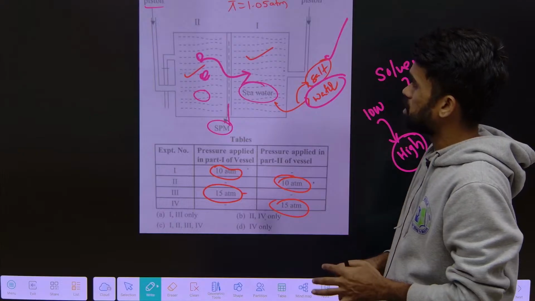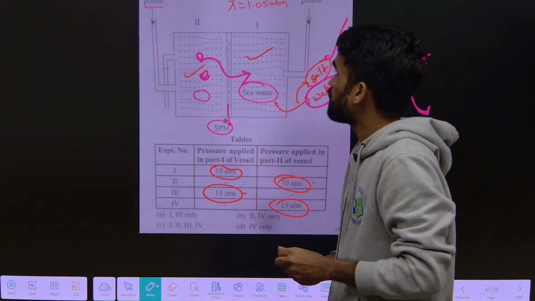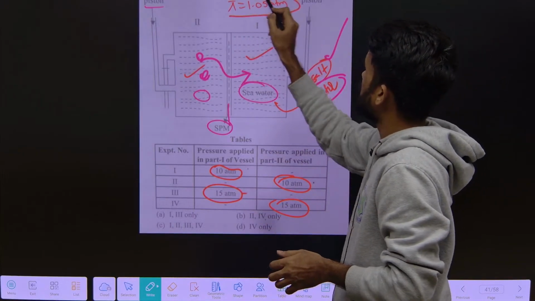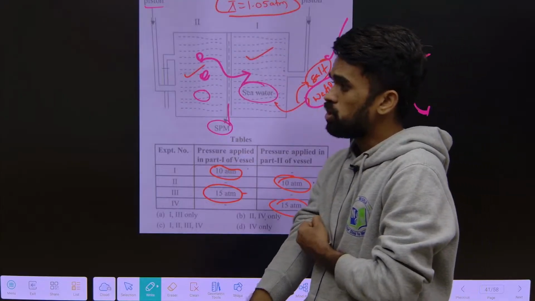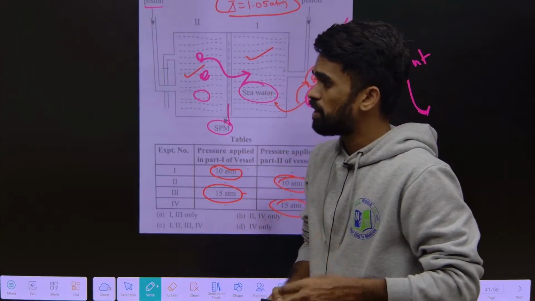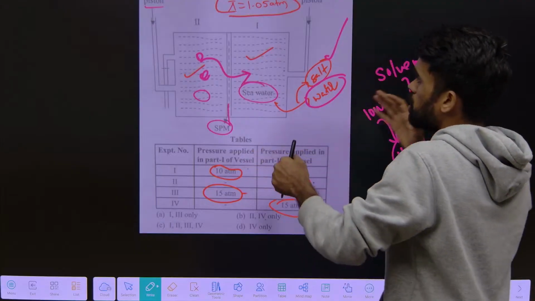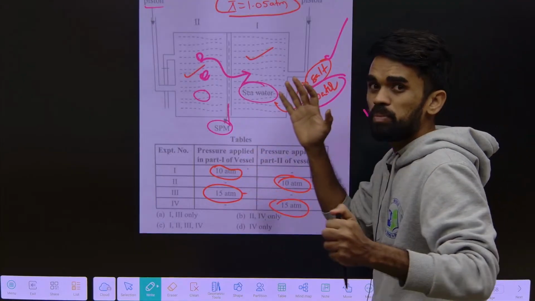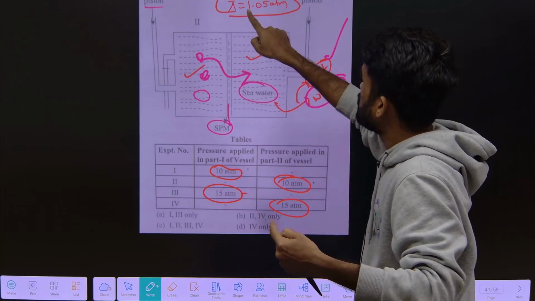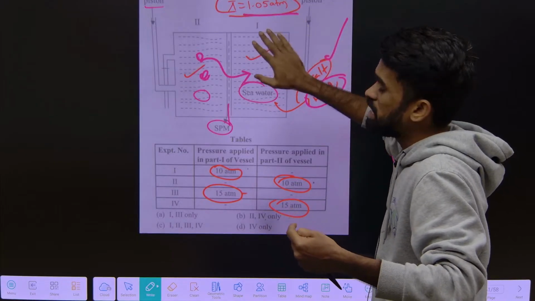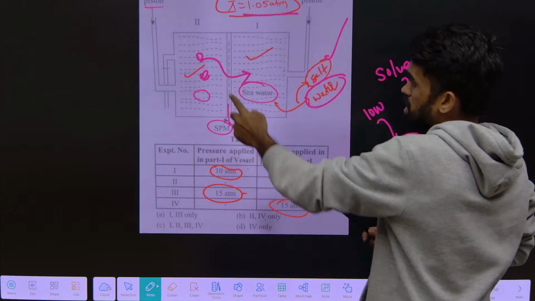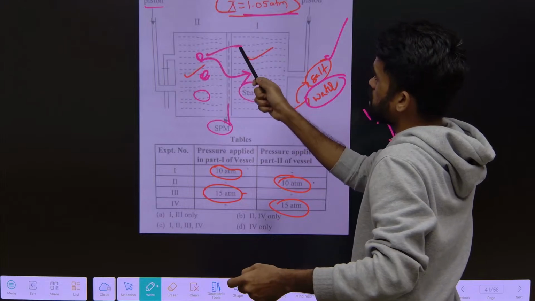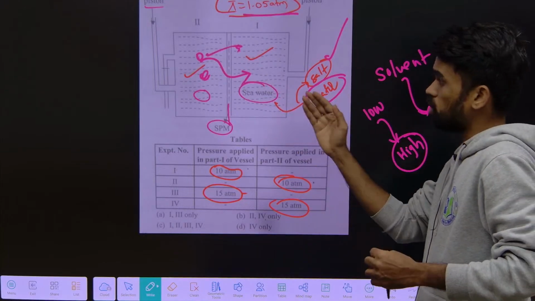Very simple, guys. When osmosis is taking place, the osmotic pressure created is about 1 atm. Now, in order to make this purification, you just need to apply a pressure higher than this osmotic pressure on the sea water, because osmosis happens from pure water to sea water, low concentration to high concentration.